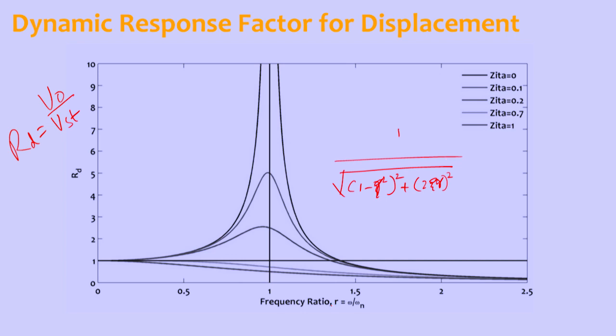If you substitute r values from 0 up to say 2.5, we will get this response. This response is for different damping values.